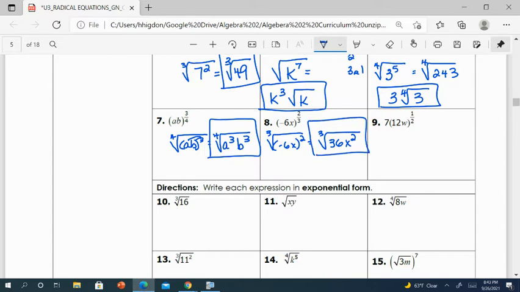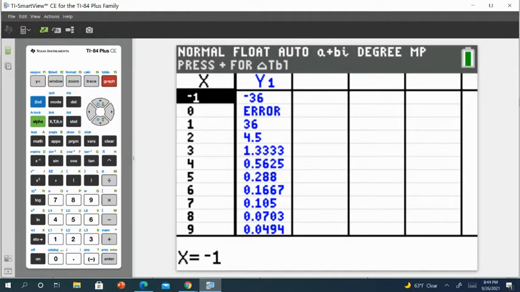Number 9 is a little different. Let's look at number 9. There's a 7 in front. So basically that 7 is like a whole number in front of the radical, and it's a square root, understood 2 here. And we have our 12w underneath. Now there's not enough w's to do anything with, but can we take the square root of 12? Can we simplify that?